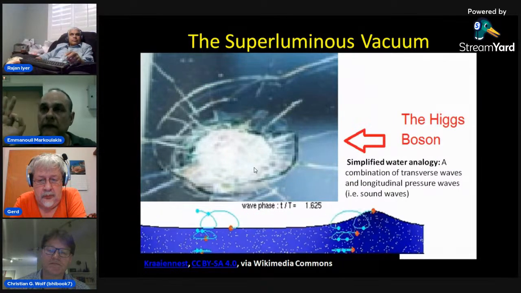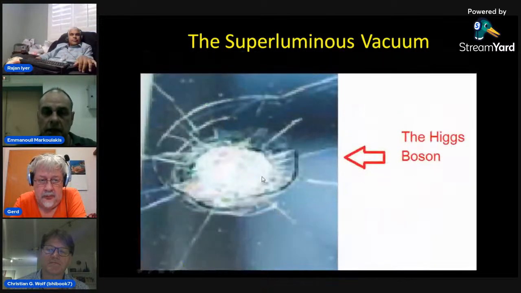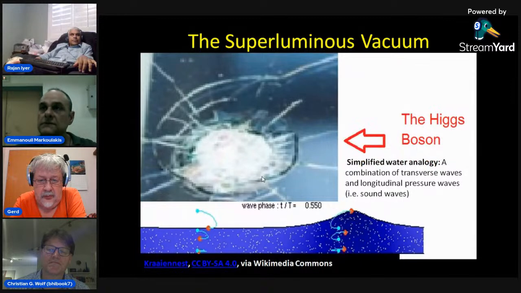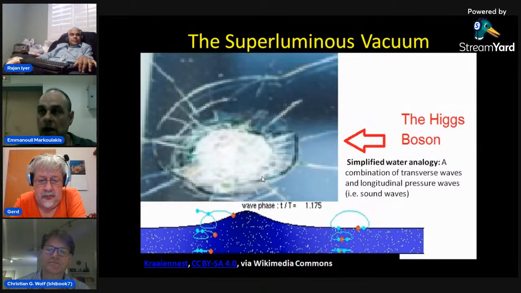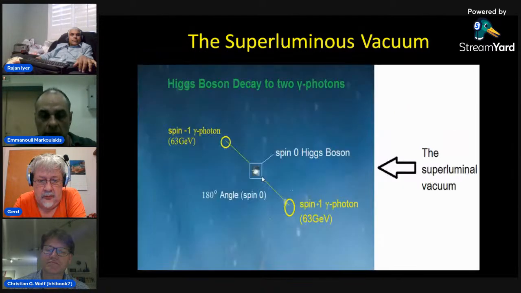They just made the graviton static for a moment, stopping it while it was rotating and vibrating superluminally, and produced a static imprint of the graviton, which is the Higgs boson. But the real particle behind this, according to my research, is the graviton, which we say is a superluminal particle.